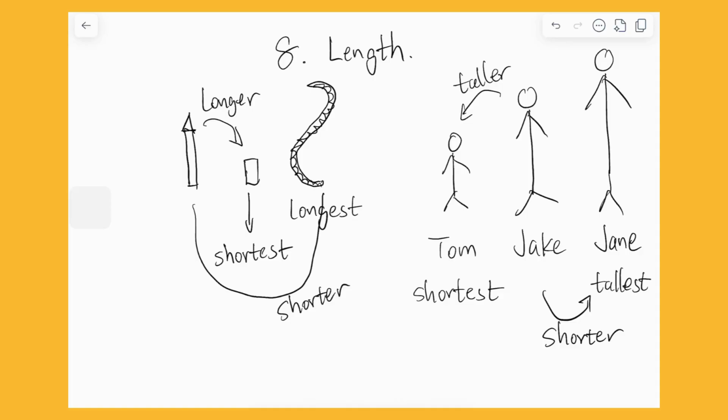Okay, so that's about length. Try to take a look around in your room, again, in the house, and try to compare the lengths by yourselves by practicing that. Okay, so our next topic, weight.